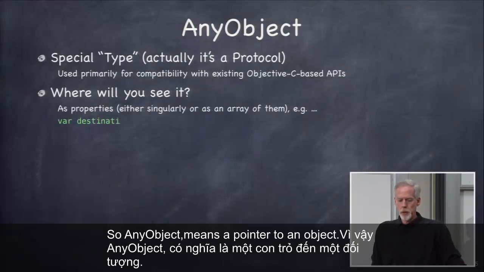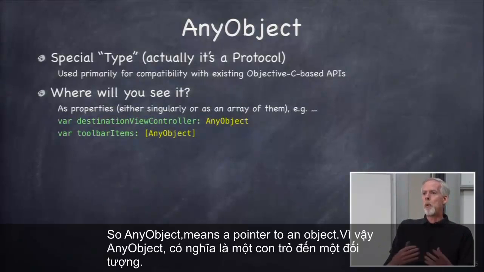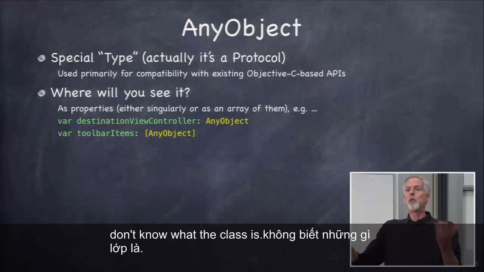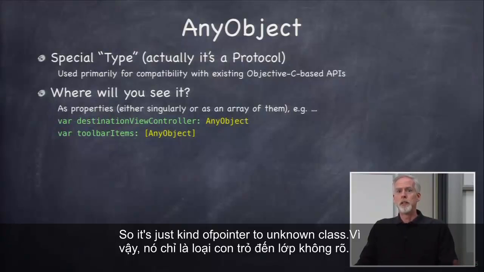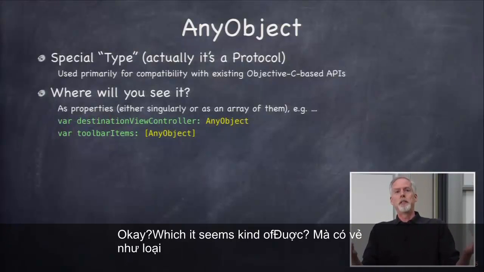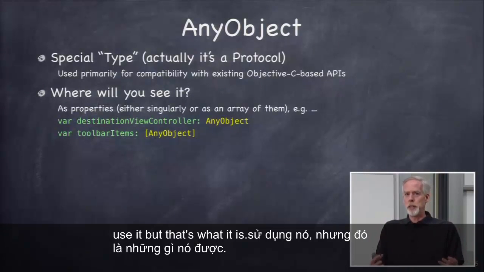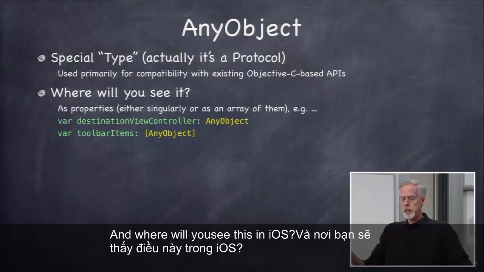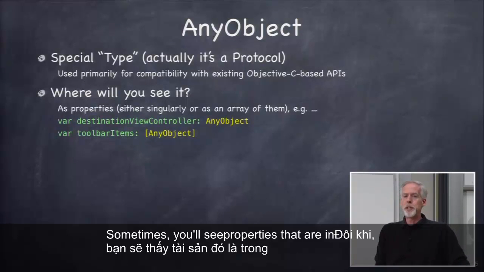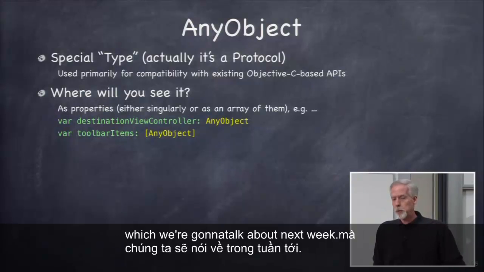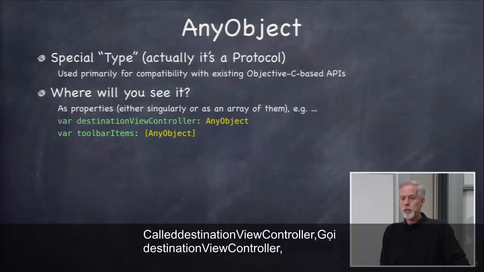All right, so what is AnyObject, okay? And where will you see it? So AnyObject means a pointer to an object, meaning an instance of a class, okay, that you don't know what the class is. So it's just kind of pointer to unknown class, okay, which seems kind of weird, and it is kind of weird. So we're going to have to play around to be able to use it, but that's what it is. And where will you see this in iOS? Sometimes you'll see properties that are AnyObject, like there's a property on storyboard segues, which we're going to talk about next week, called destinationViewController.